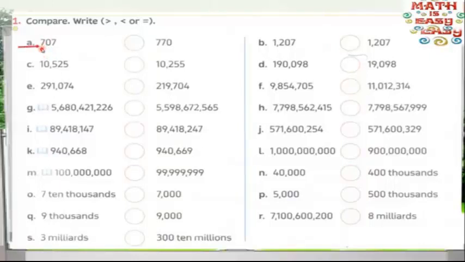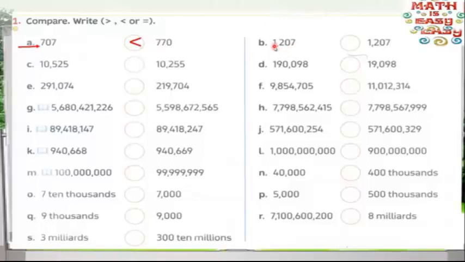We have 7 in the highest place, and here we have 7. They are equal. So you should go to the next place to see if they are different or the same. We have 0 in tens, and here we have 7 in tens. 0 is less than 7, so the first number is less than the second number.